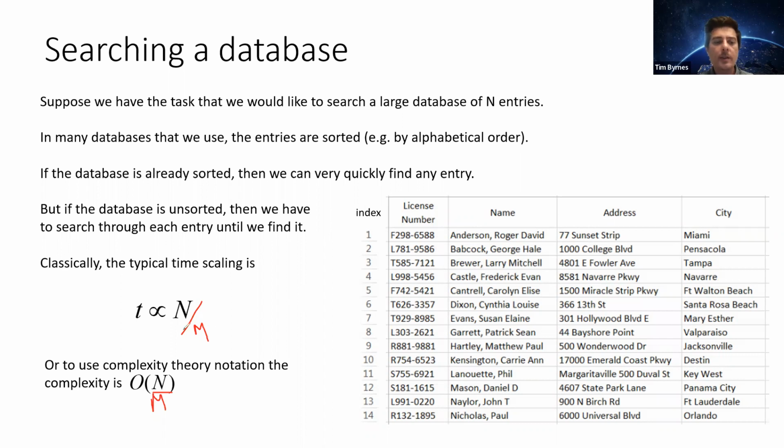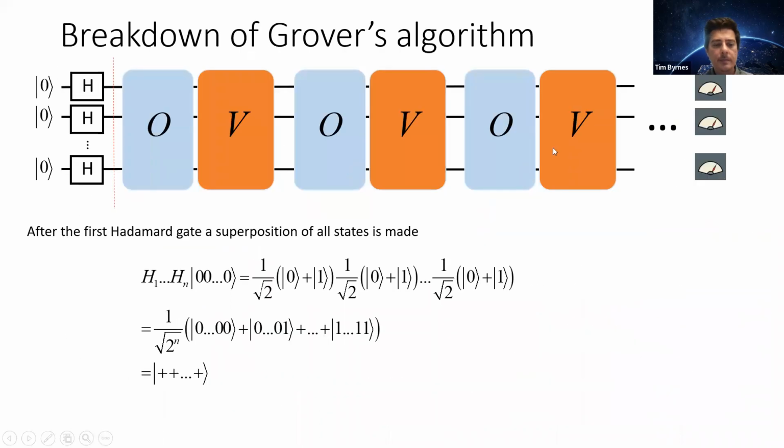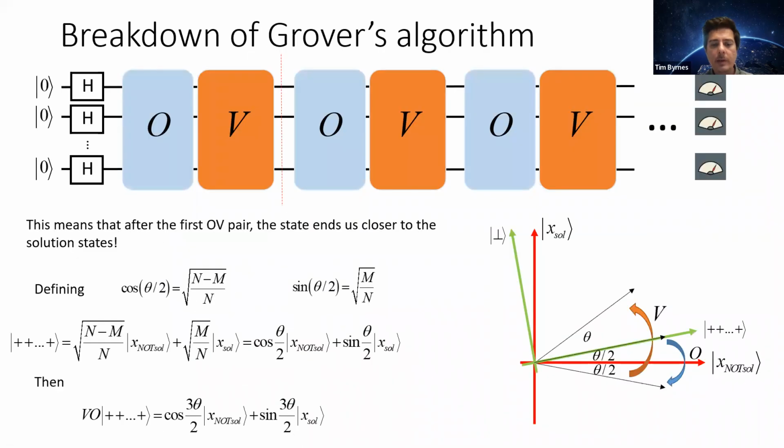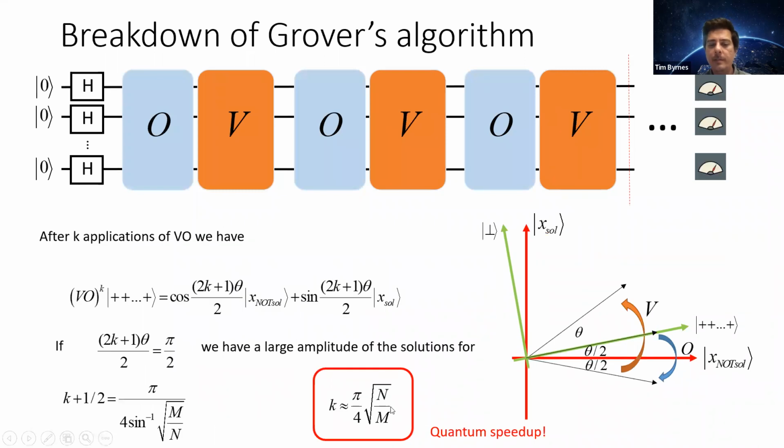So the more answers there are, the easier and quicker it is to find. So classically, the scaling of this search problem is like n over m. Now, if we compare that to our quantum algorithm, it's square root of n over m. And pi over 4, that's 0.7 or something, so don't worry about it too much.